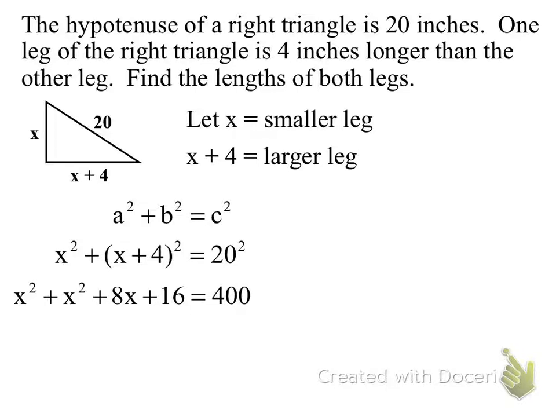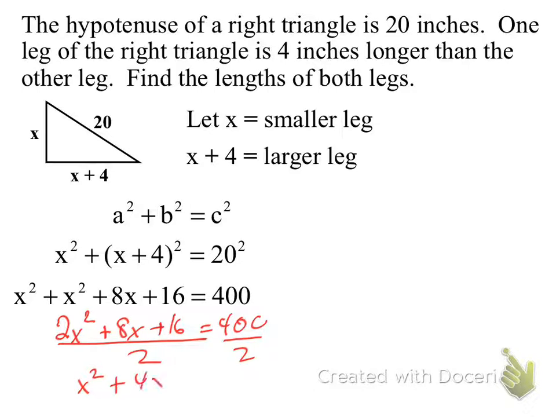Now, at this point, I guess it could be 2x squared plus 8x plus 16 equals 400. I'm going to divide all terms by 2. X squared plus 4x plus 8 equals 200.